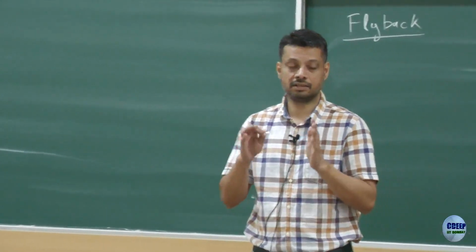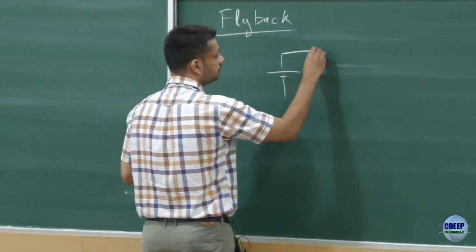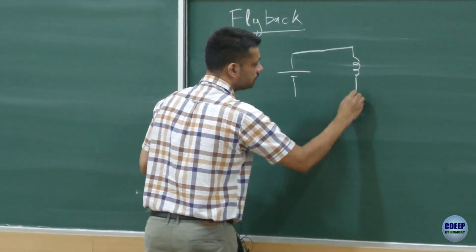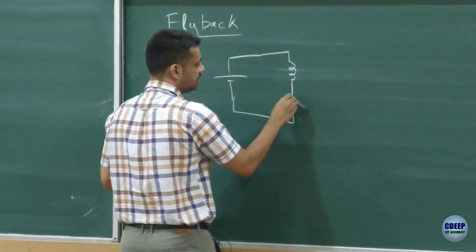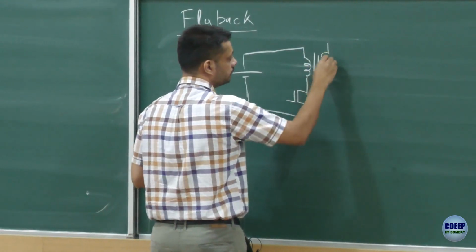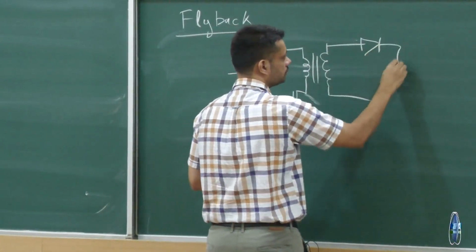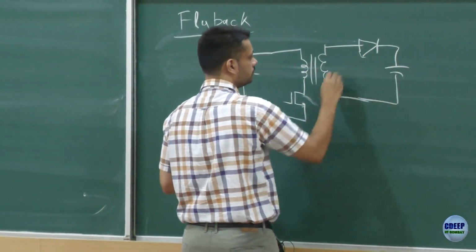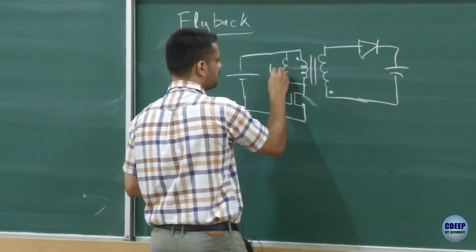So if you see the flyback circuit, let's say this is the MOSFET. There is of course a magnetizing inductance Lm.